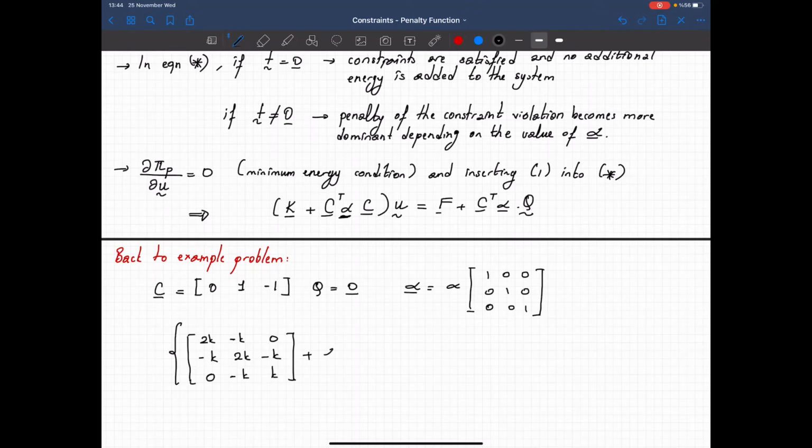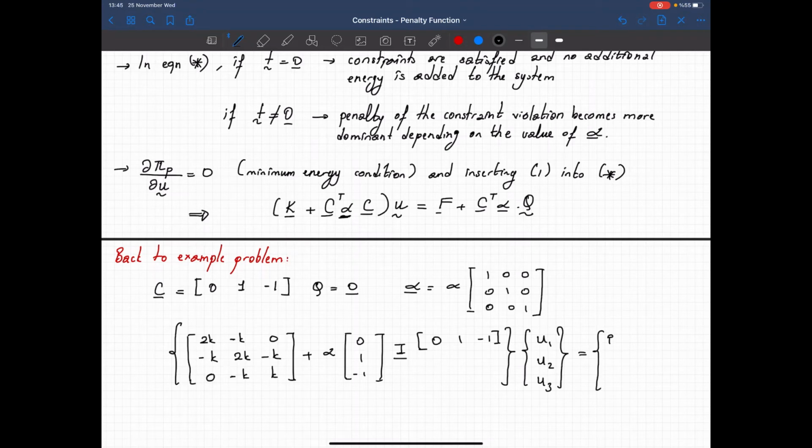Plus alpha is a value that we will define. 0, 1, minus 1 multiplied by the identity matrix multiplied by 0, 1, minus 1. Okay, multiply with the displacement vector u1, u2 and u3 should be equal to the applied force vector P, P and P.